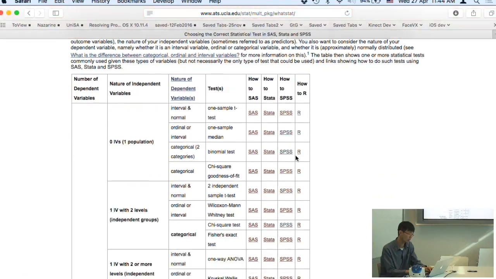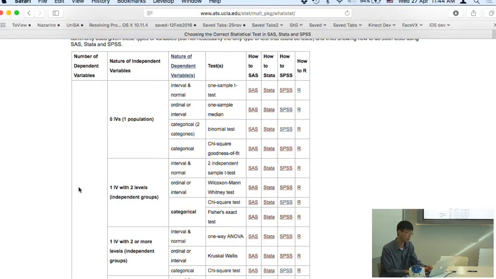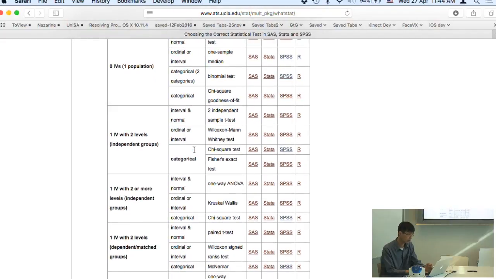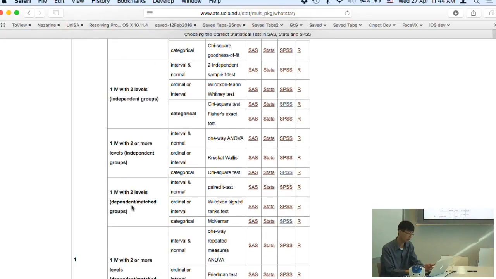It's a big table organized by the number of dependent variables and independent variables you have, whether the measurement is interval, ratio, ordinal, or nominal, and whether it's an independent group, which means between-subject design, or a dependent group.